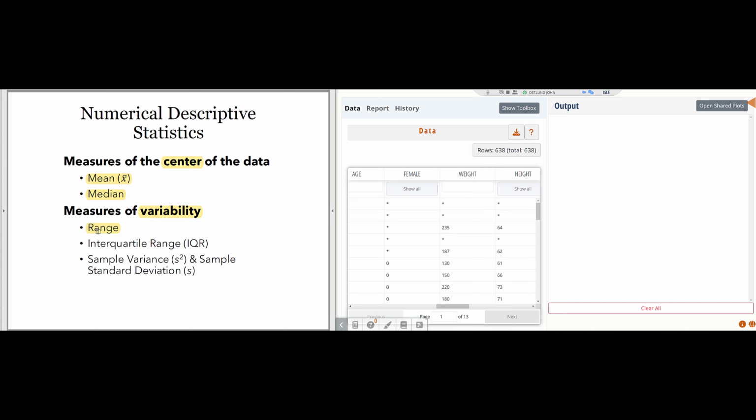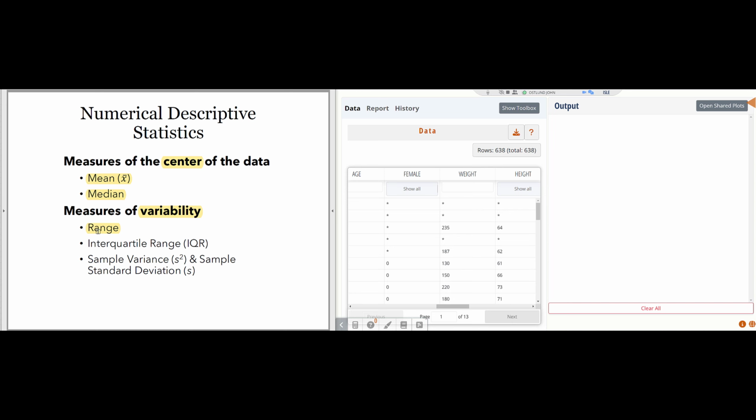If I have in a data set a median value of 10, meaning half the data are below 10 and half the data are above 10, and my range is 2, let's say, well, if the median is 10 and the range is 2, that means I have a very clumped distribution right around that median value of 10. On the other hand, if the median value is 10 and I tell you that the range is, let's say, 60, well, that's an enormously wide range.